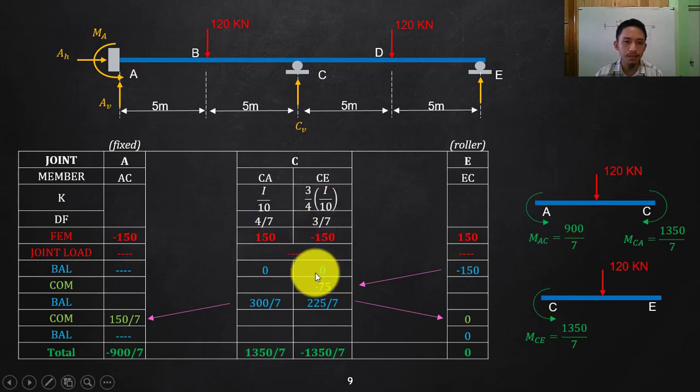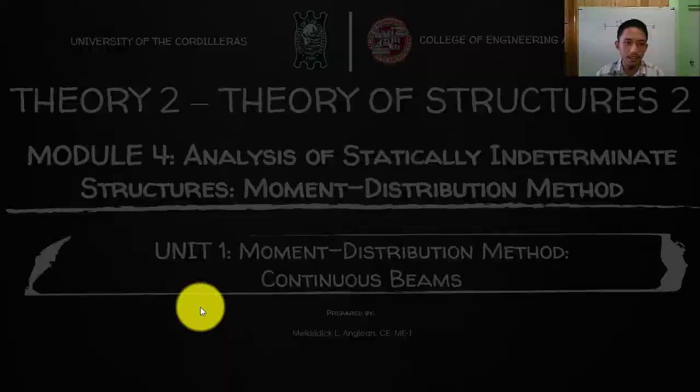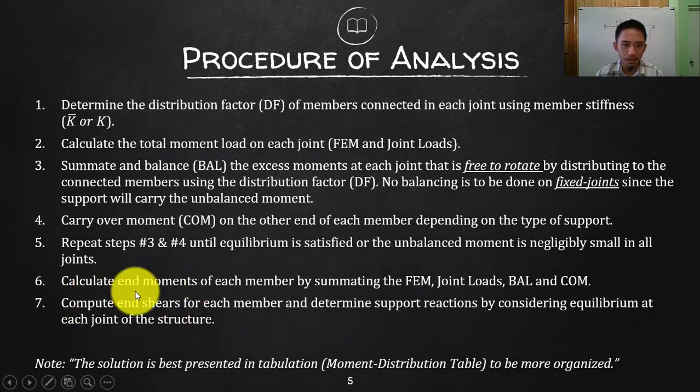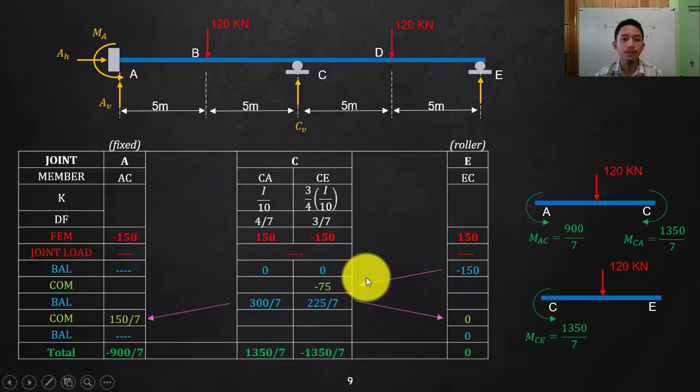Okay? So now, again, we are not done yet, because those are only carried over and balancing. What is next is that you solve now your end moments, so that we will transfer that on joint and then solve for the reactions. So all you do is summate your FEM, joint load, balancing, and the carryover moment on the joints itself.